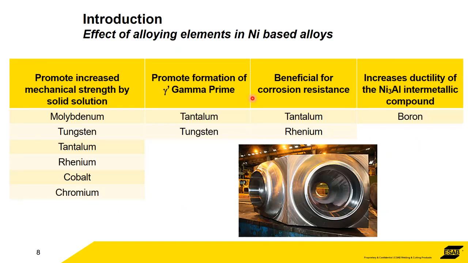Why add all of these expensive other elements into the alloys? Again, I don't want to read the list out completely, but these are the key effects. You can increase the mechanical strength by putting tantalum, rhenium, and cobalt in there. They promote the formation of the gamma prime, and if you're promoting that formation, then you're going to lock everything together.